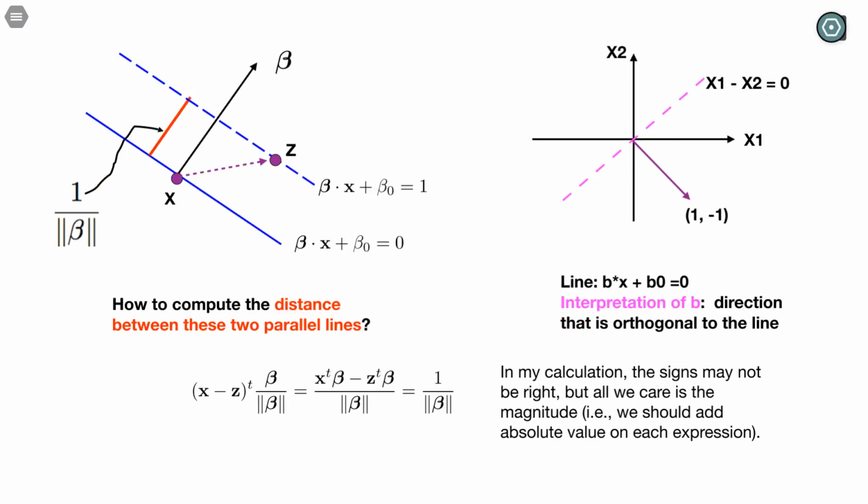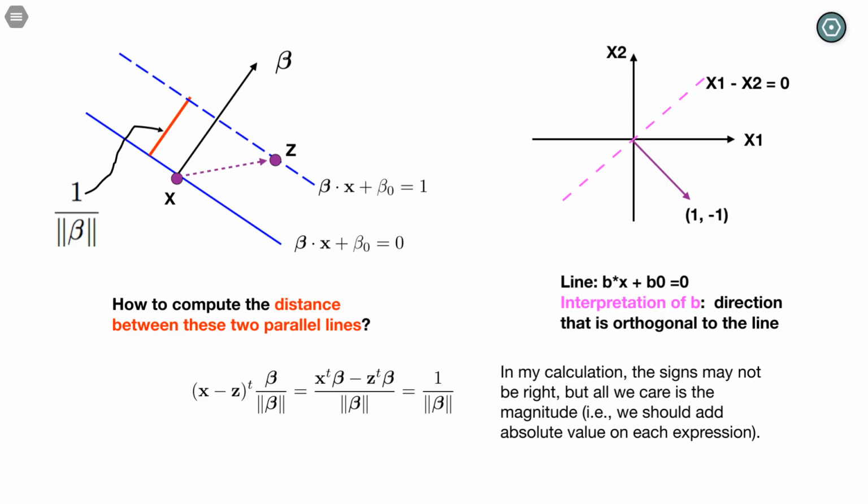To understand that result, let's first understand the slope parameter when we parameterize a line. For example, let's look at the right. The dashed line is a 45-degree line, and we can represent it by x1 minus x2 equal to 0. So the corresponding slope vector is (1, minus 1).